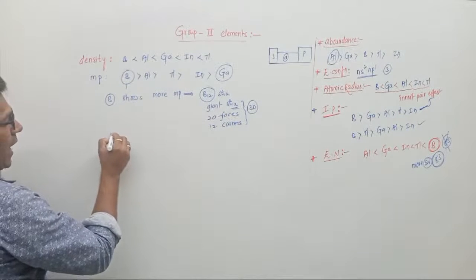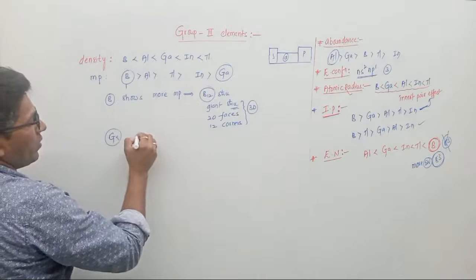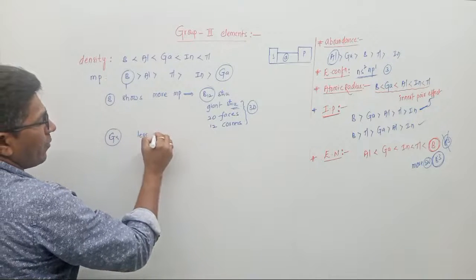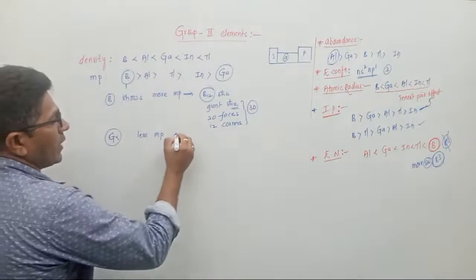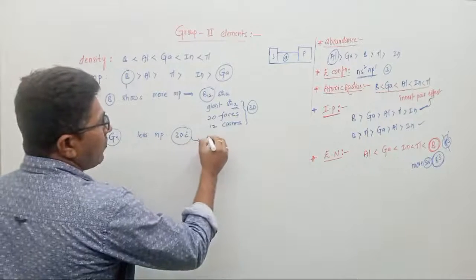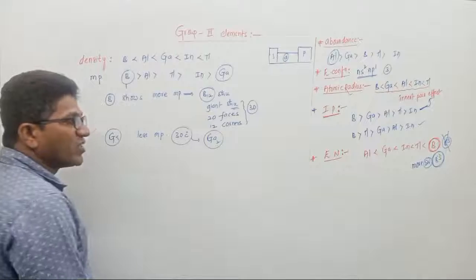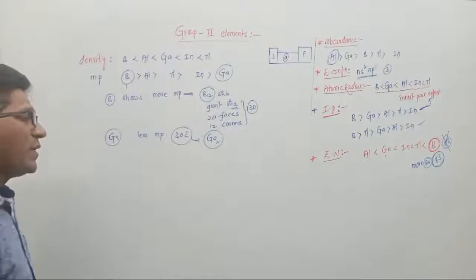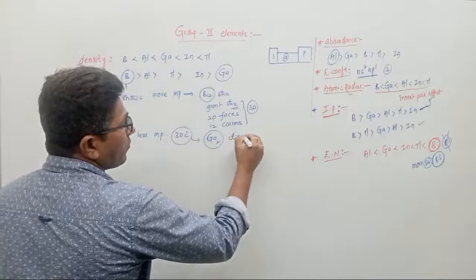Next, gallium. Gallium shows a low melting point, approximately 30 degrees Celsius. It is in the form of a Ga2 discrete structure.